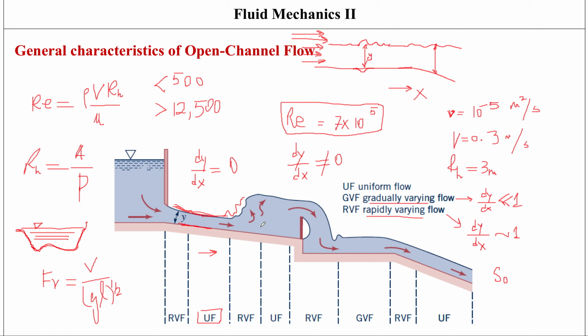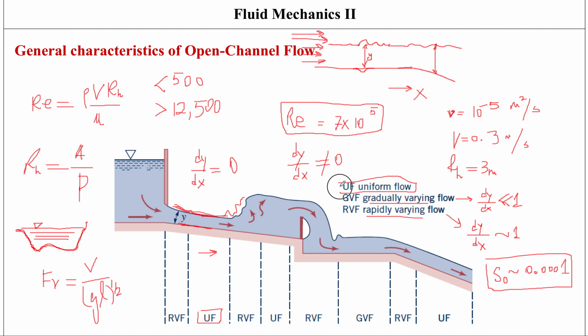For example, when we're looking at different kinds of rivers, we can find in the literature what the S naught value would be for them, and usually for a river the S naught value is somewhere around 0.0001. The slope of the bottom is small, but we still need to include it in the list of variables that are important when we are trying to work out any kind of flow, especially when we're looking at uniform flow.